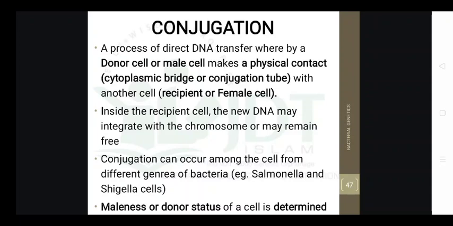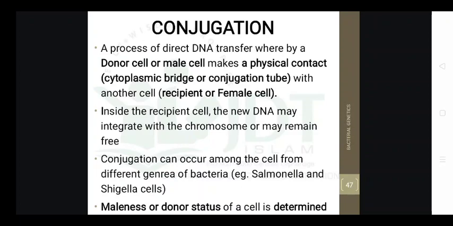So next one is conjugation. It is the process of direct transfer whereby donor cell or male cell makes a physical contact or cytoplasmic bridge or conjugation tube with another cell or recipient or female cell.